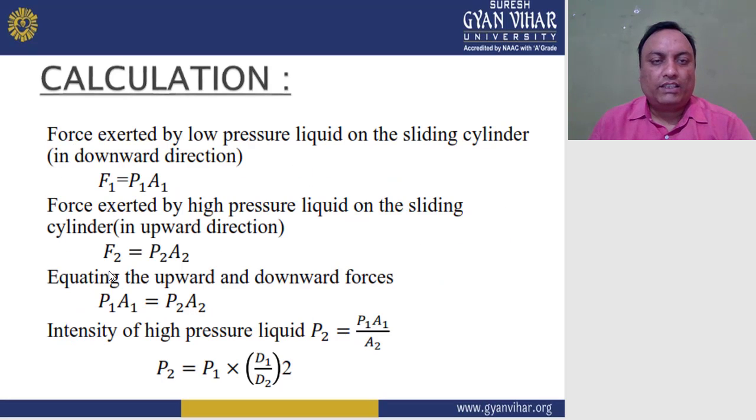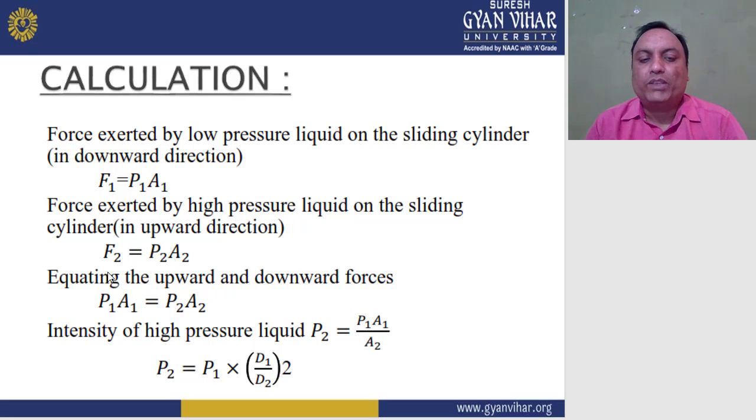Now the force exerted by the low pressure liquid on the sliding cylinder in the downward direction is F1 equal to P1 into A1, and the force exerted by the high pressure liquid on the sliding cylinder in the upward direction is F2 equal to P2 A2. Equating the upward and downward forces, P1 A1 equal to P2 A2, so the intensity of the high pressure liquid is P2 equal to P1 A1 divided by A2.